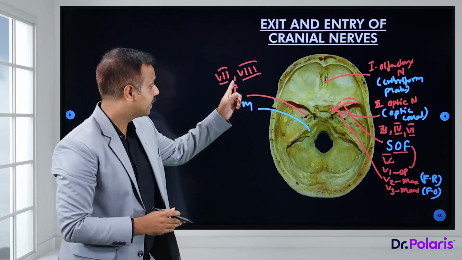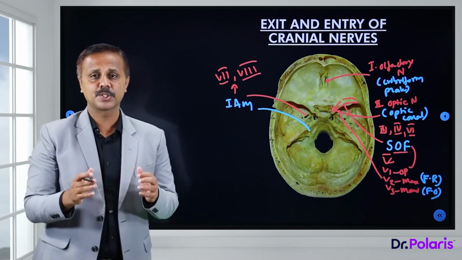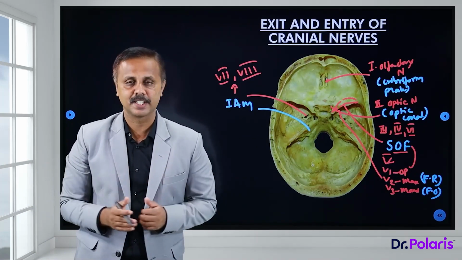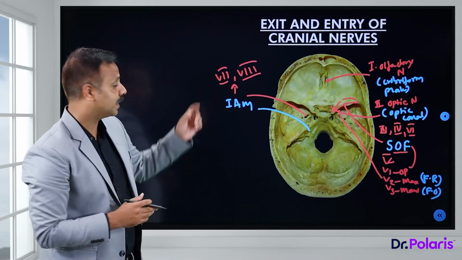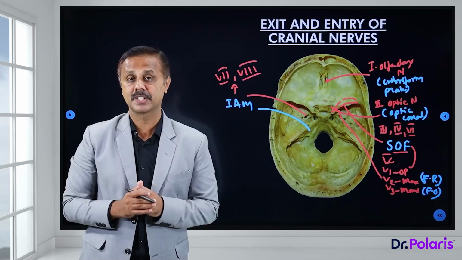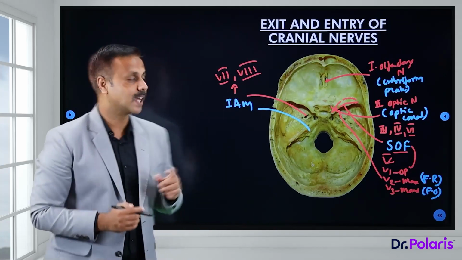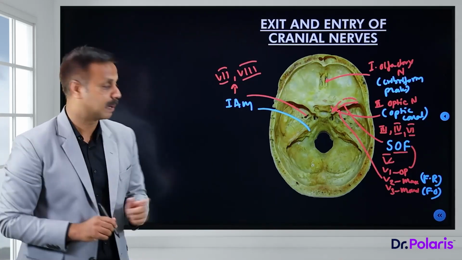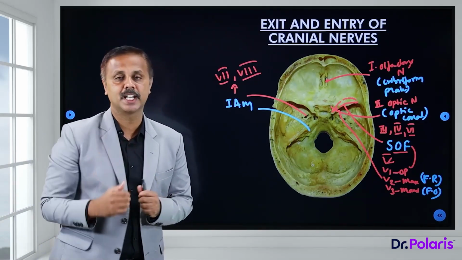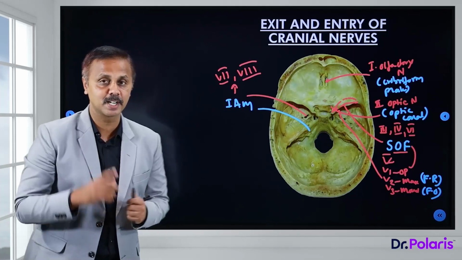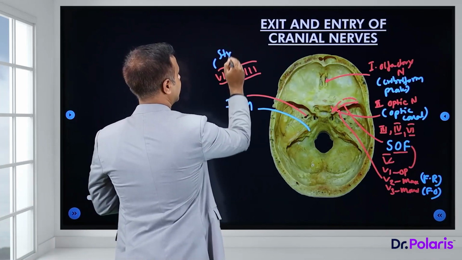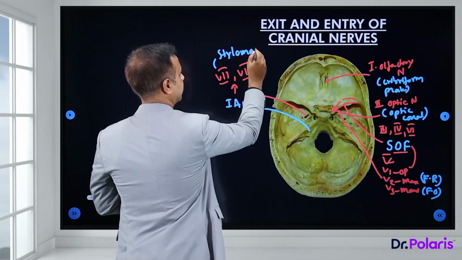Right? Fine. The vestibulocochlear nerve has to innervate the structures of the inner ear, so it does not exit the skull. But the facial nerve has to come out of the skull and supply the structures in the face. So how exactly does the facial nerve come out? Remember, the first thing is, it passes through the internal acoustic meatus, enters into the middle ear, but remember, it leaves through a foramen called the stylomastoid foramen.